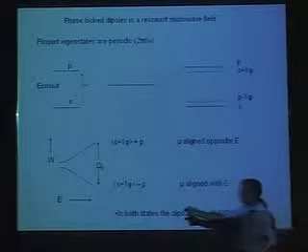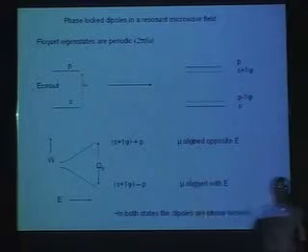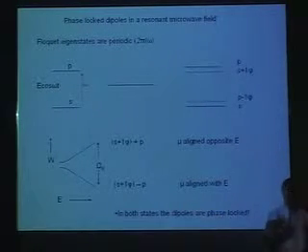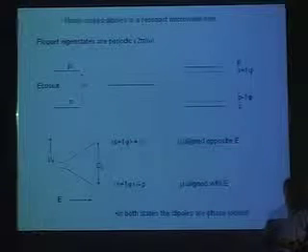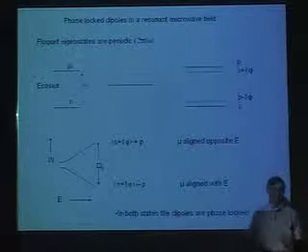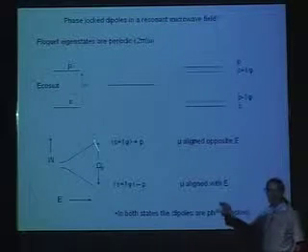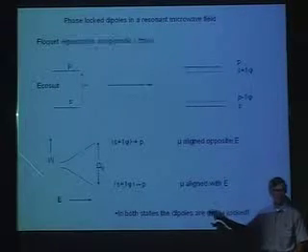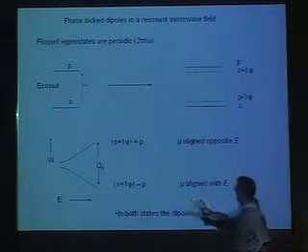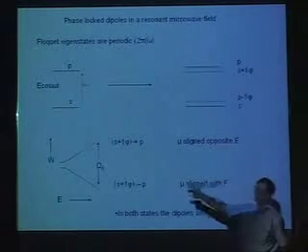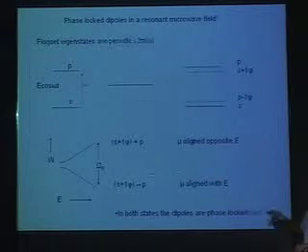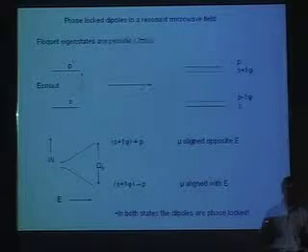And these are, in fact, the Floquet energies. The Floquet energy is the time averaged energy. The field is oscillating at cosine omega t, so the dipoles are also oscillating at cosine omega t. In this case, I have a dipole that's aligned with the field, and in this case, a dipole that's aligned out of the field.